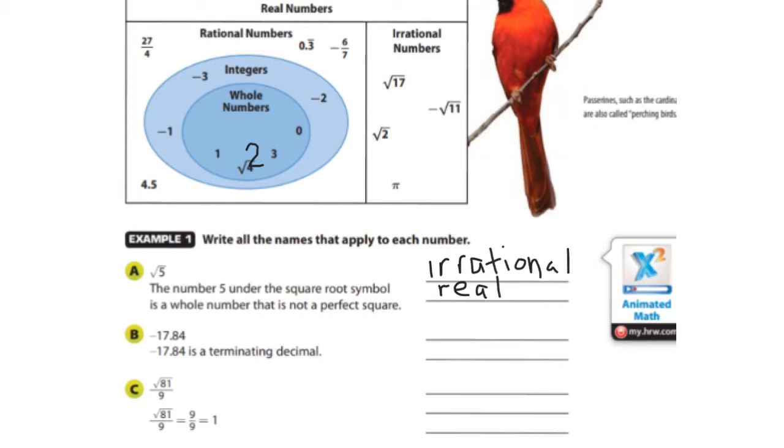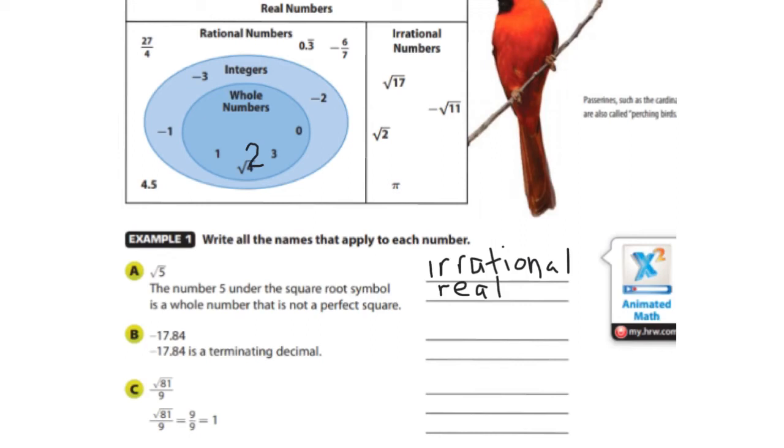Okay, so this B is negative 17 and 84 hundredths. So it's terminating, it ends, it's a negative, and it's a decimal. So it's not a square root that never ends and never repeats, because this does terminate, so it's not irrational. But it's not whole either, because it's a decimal.